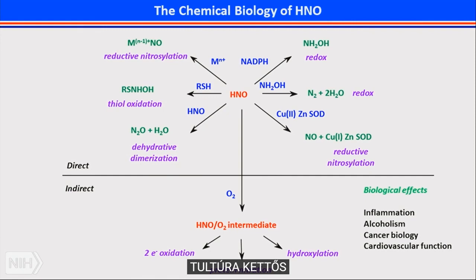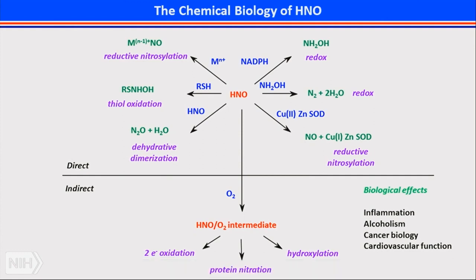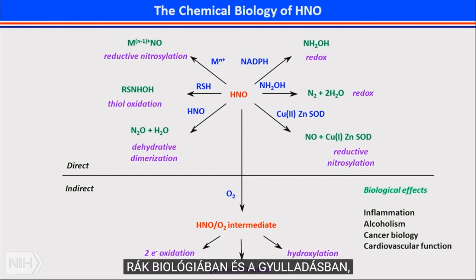So this intermediate can lead to protein nitration and hydroxylation. The biological effects of HNO have been shown in terms of alcoholism and cardiovascular effect, where it is used as a preconditioning agent. And we have shown the effect of HNO in cancer biology and inflammation, which I will show in my later slides.